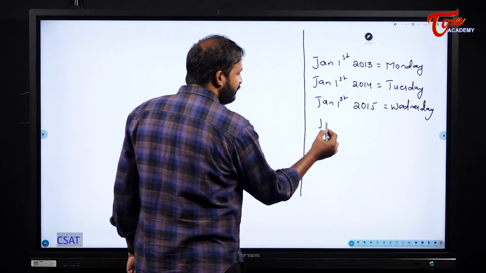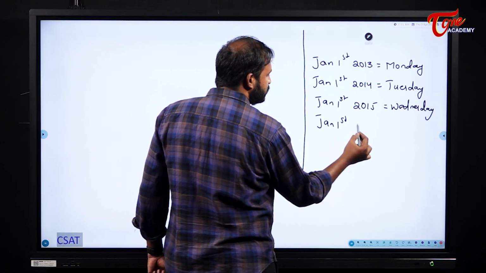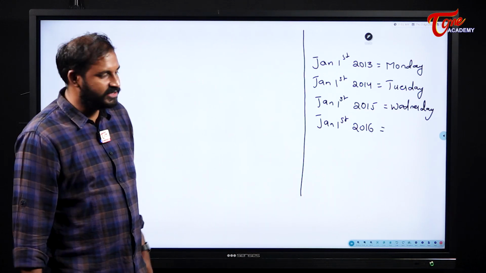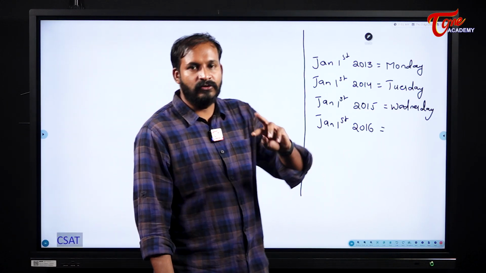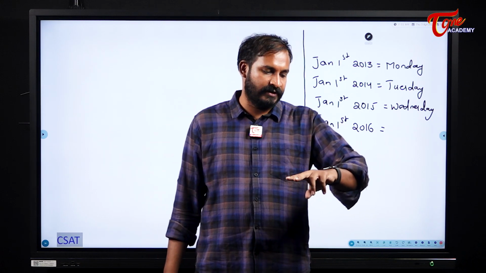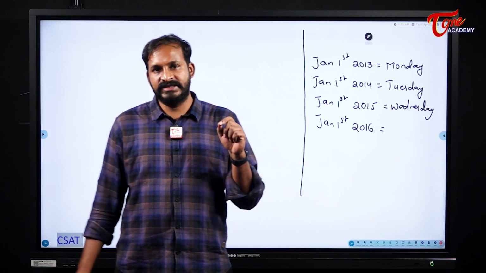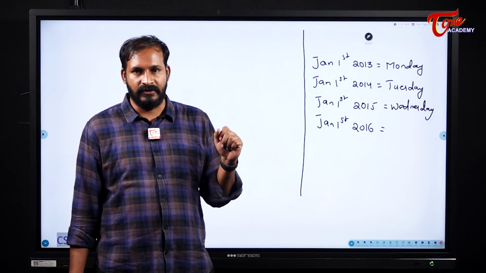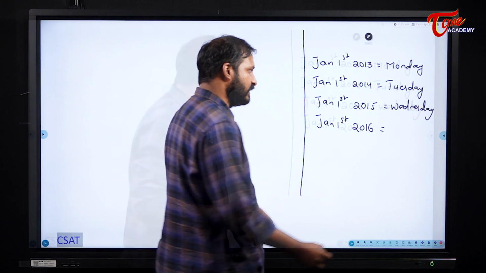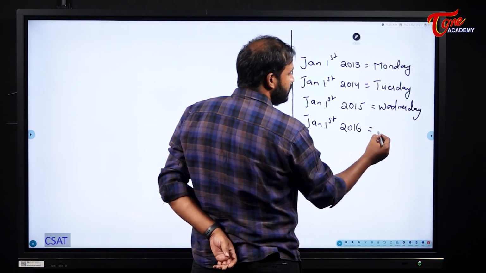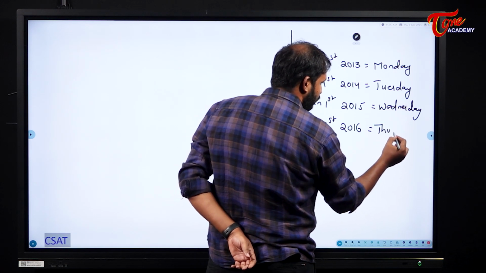Next, January 1st 2016. What will it become? Sir, 2016 is a leap year, so a 2 day jump. No students, actually the 2 day jump will happen only after February, not before. So January 1st 2016 will become Thursday.